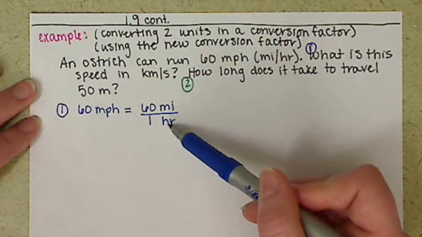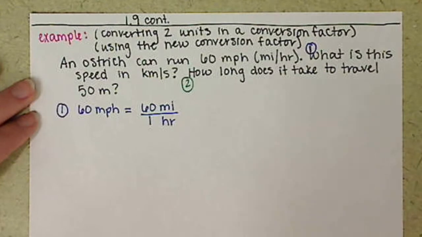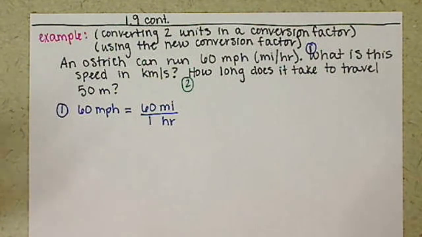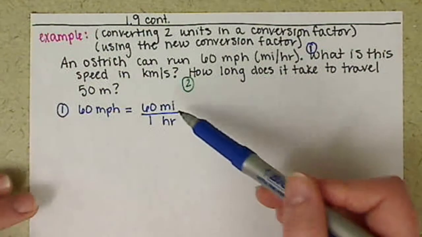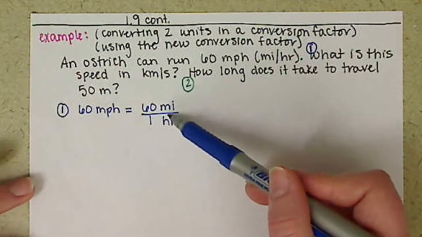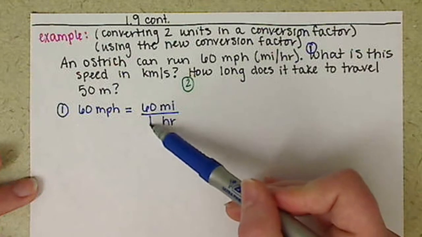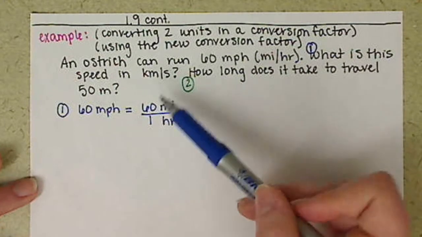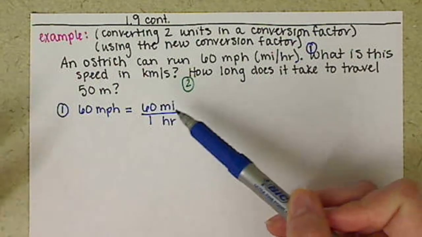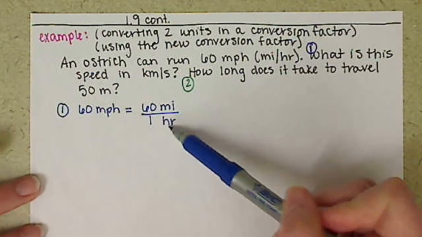We have miles in the top and hours in the bottom. The other thing to note is that whenever we have 2 units and we have something per something, the value on the bottom has a 1 associated with it. So it's 60 miles per 1 hour.